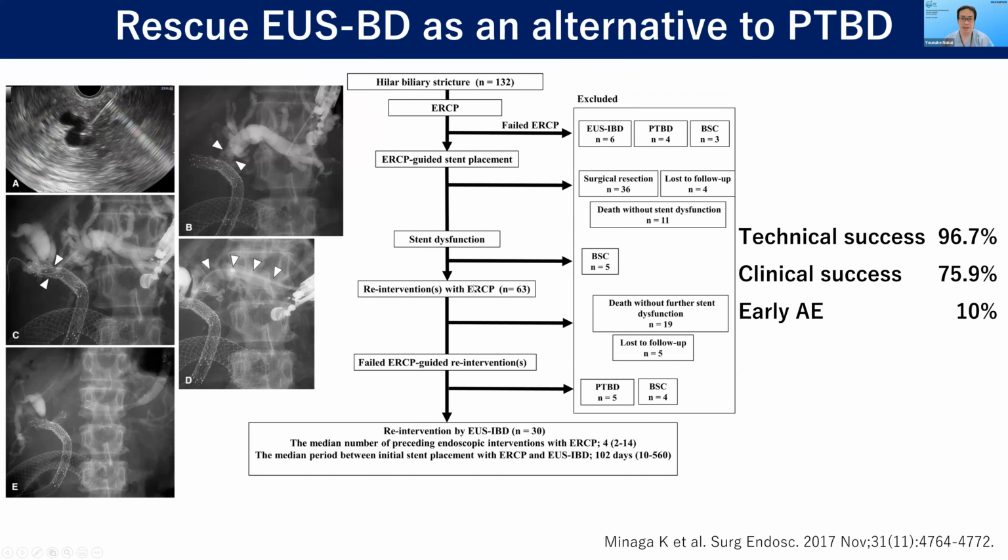In this study, using EUS-BD, technical success rate was more than 95%, and the clinical success rate was about 75%, and the adverse event rate was as low as 10%. But we have to remind, this is a report from very experienced centers.